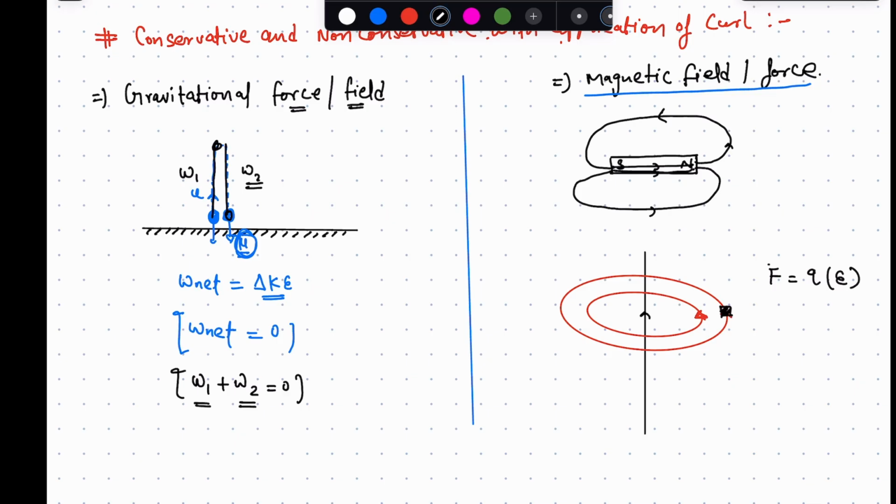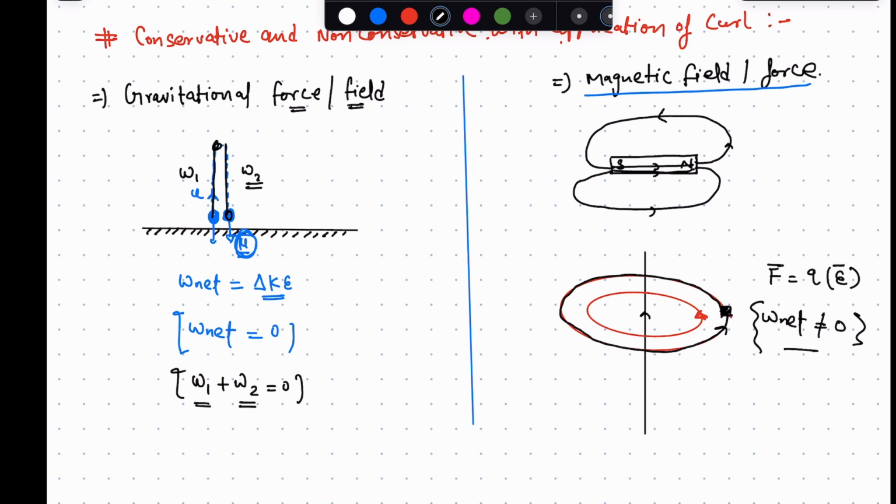That much force it will experience, and then it will move like this, and when it completes one circle, of course it will gain some velocity. Now if you say the work done in a closed path, that comes out to be non-zero.